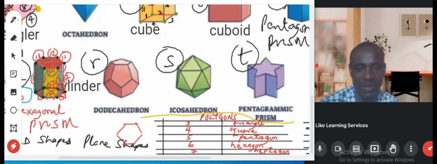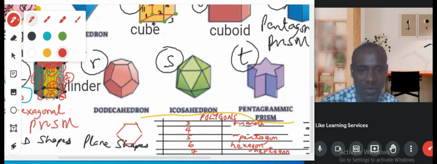And of course, we talked about the polygons, their names. 3 sides, triangle. 4 sides, square. No, 4 sides is not square. I need to correct this. 4 sides is called a quadrilateral. The general name is quadrilateral.